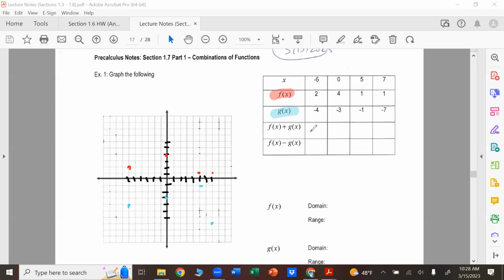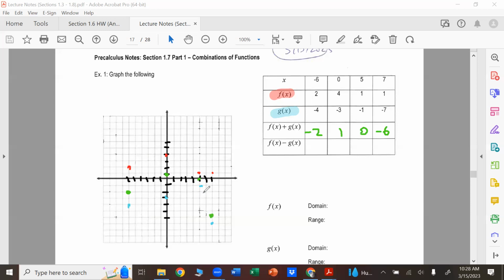So I'll do this in green. -2, 1, 0, and -6. And if you're plotting that, we'll plot that in green. You do -6, -2. 0, 1, 5, 0, and 7, -6.